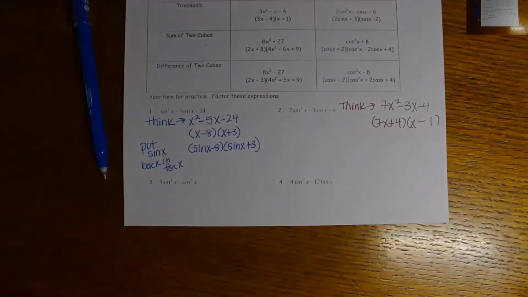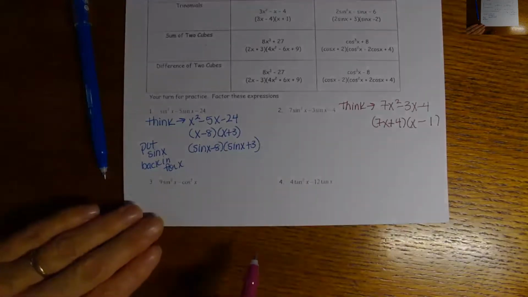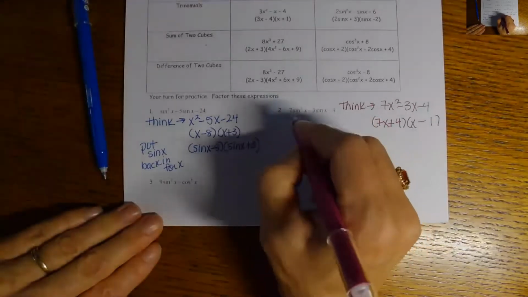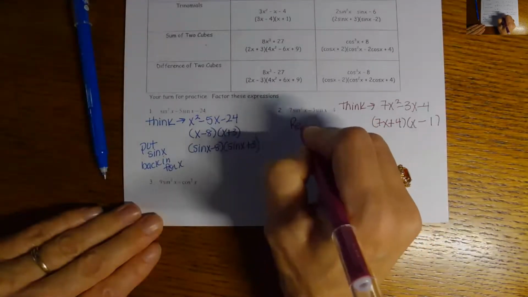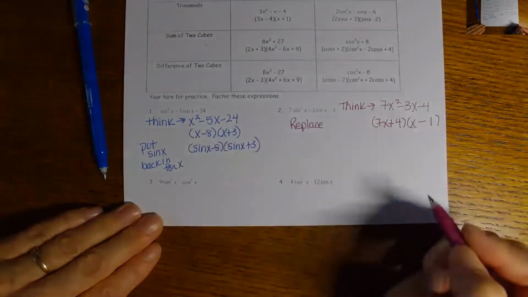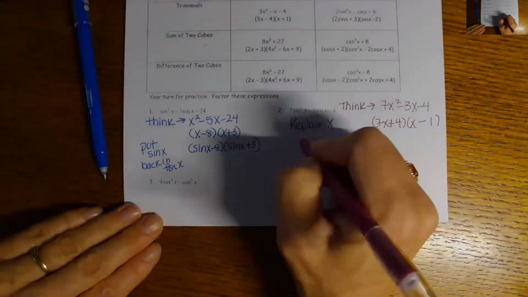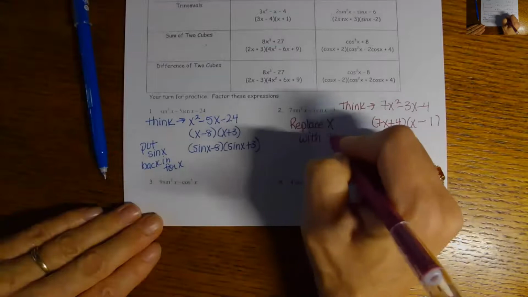Now, once we factor it the old-fashioned way, what are we going to do? What is our answer going to be? Tell me in words what we're going to do. Replace x with what? Sine x.